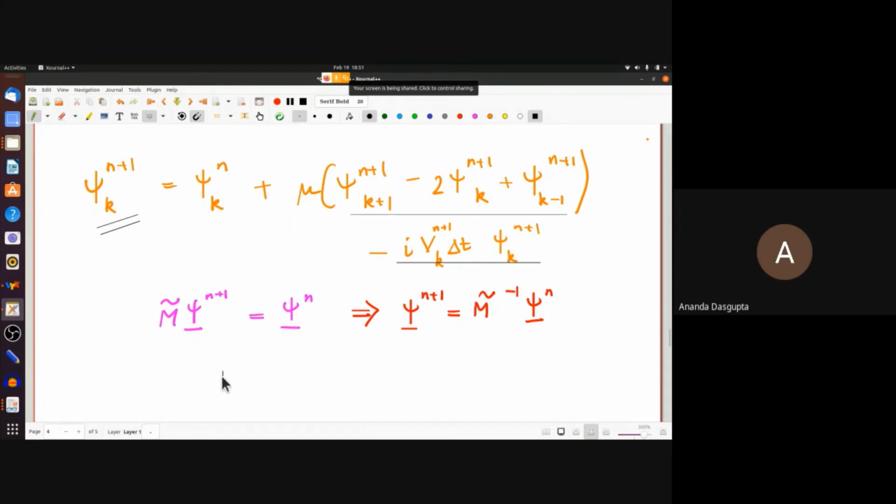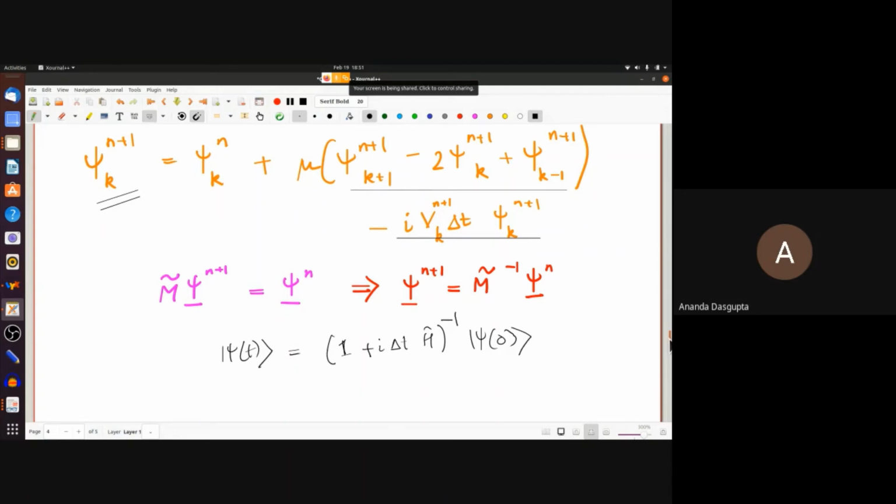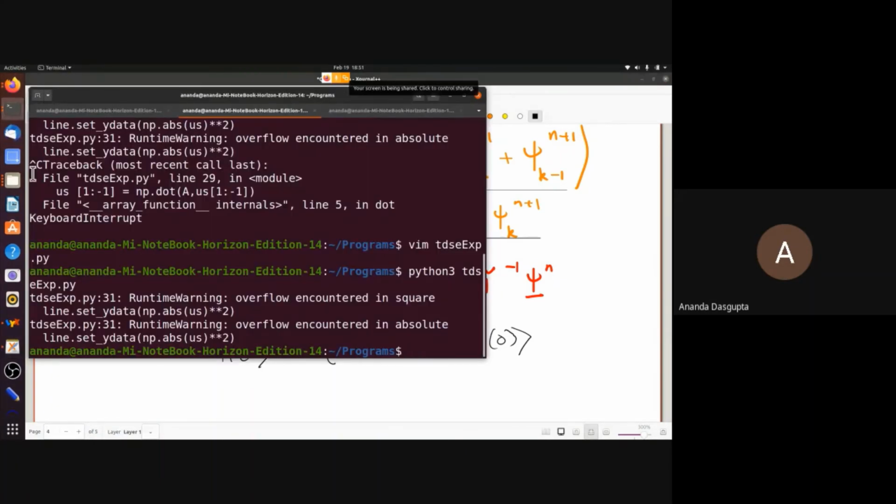So in other words, instead of using one minus i delta t h hat psi 0, which was the approximation we were using before, what we are really using is this. By the way, this does not give you unitarity either. So not a great idea in that sense, but still stable. It will not make the solution blow up. So how would you code that?